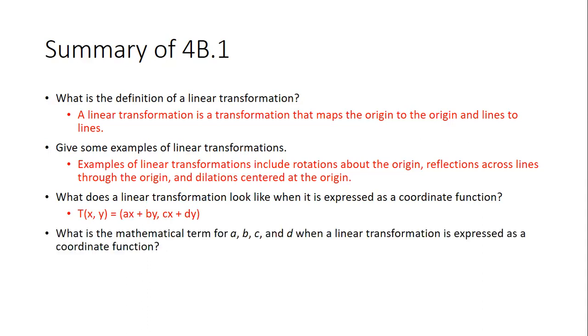Kind of like a review, but also just making a connection. What is the mathematical term for a, b, c, and d in the linear transformation? It starts with a C. Coefficient.